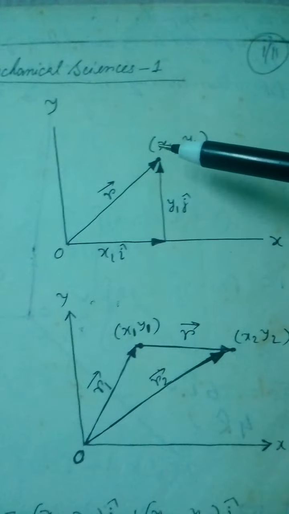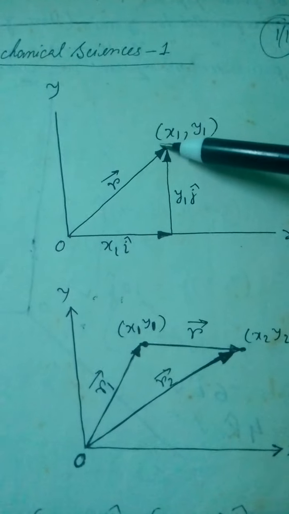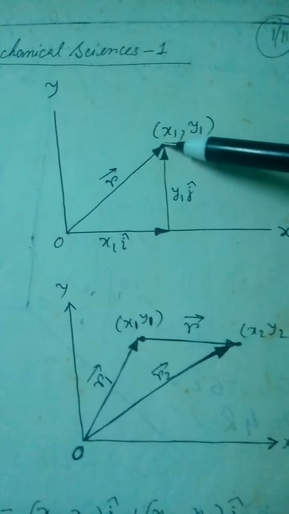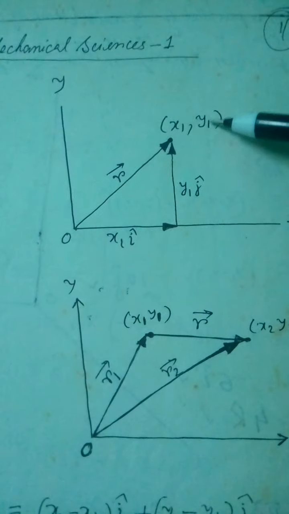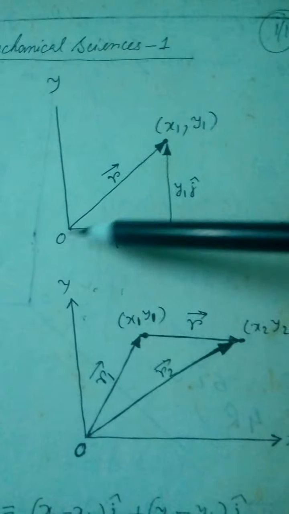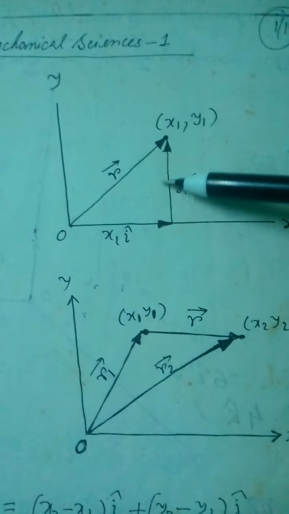Now this is the position of a point which is at a distance. Its coordinate is x1 and y1. You know what is coordinate. So this is x1, this is y1.